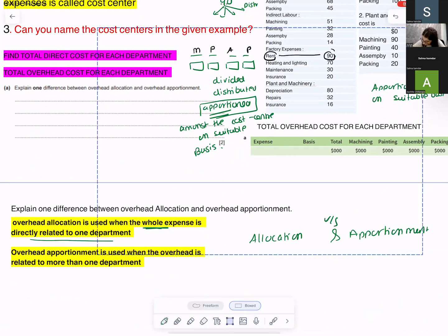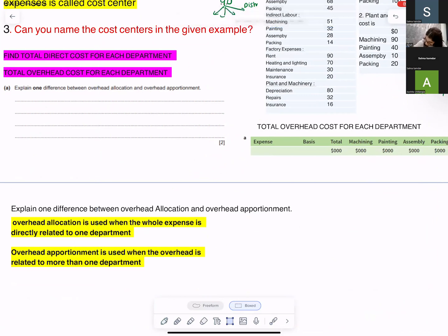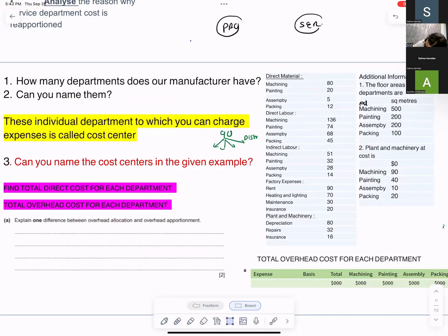And what is apportionment? Apportionment is when the whole expense is related to more than one department. Allocation is when the whole expense is related to one department, and apportionment is when the expense is related to more than one department.